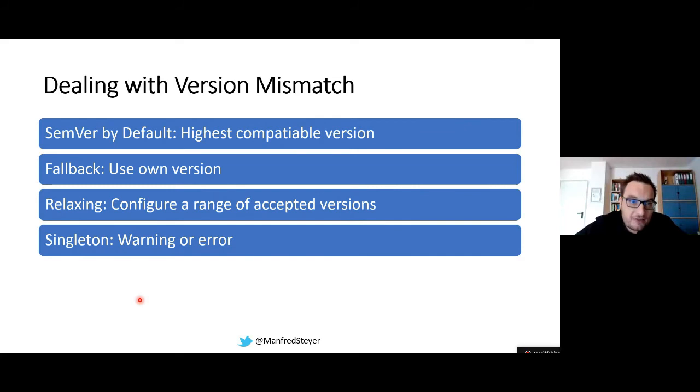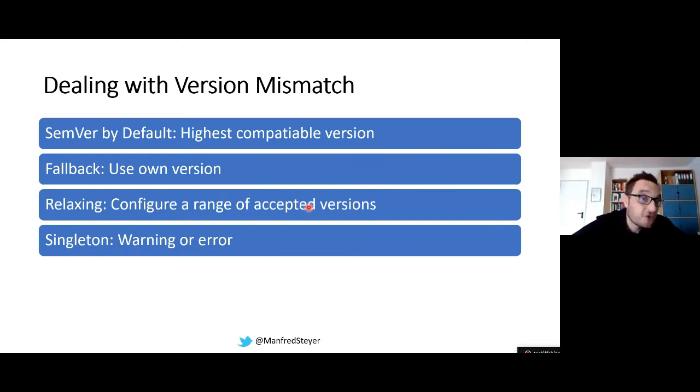Honestly, the singleton makes the most sense when you have a big leading framework like Angular, a big leading framework which is holding some state. If you have a tiny stateless library, falling back to its own version or relaxing the accepted version ranges could be just fine.